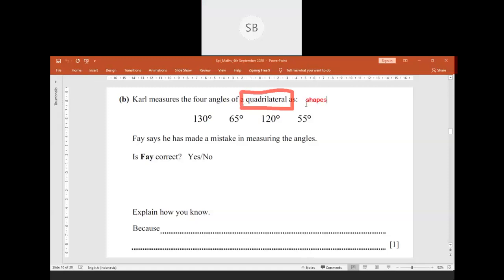Yes, more or less, a shape with four corners, and in total the angles have to be 360 degrees.